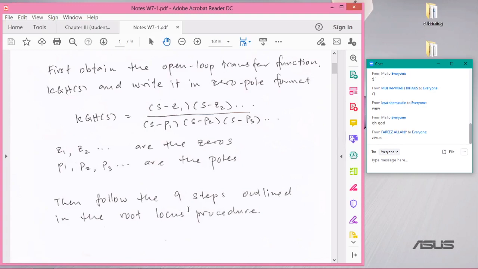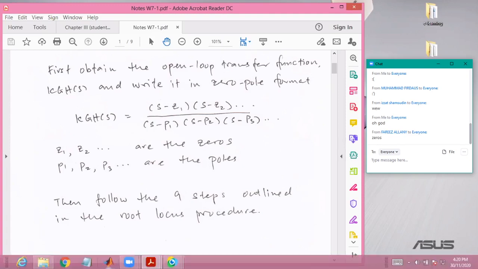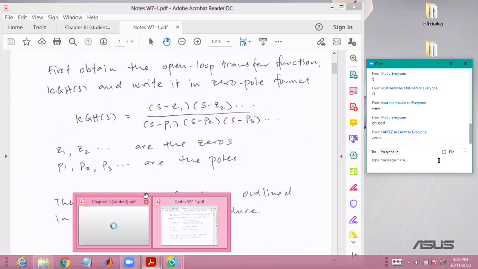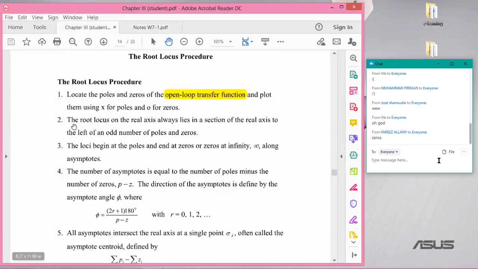So now, when we want to draw the root locus diagram, all we have to do is follow the 9-step outline in the notes. The first step is to locate the poles and zeros of the open loop transfer function and plot them using X's and O's. You need to identify the poles and zeros of the open loop transfer function.